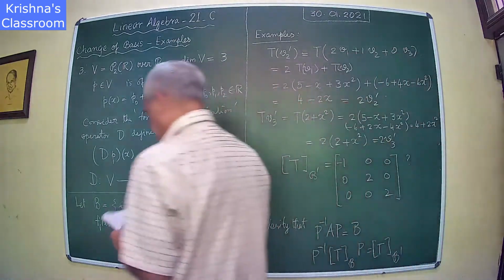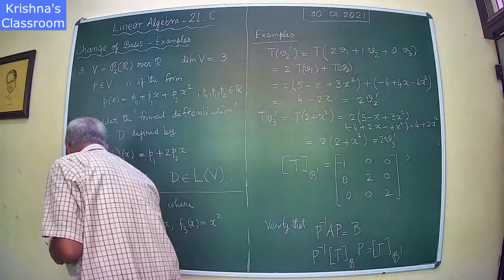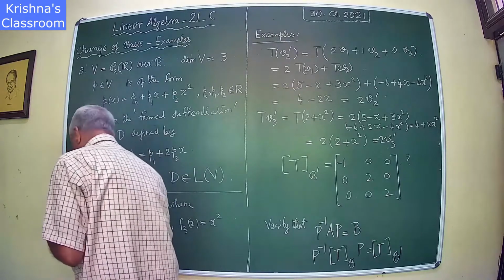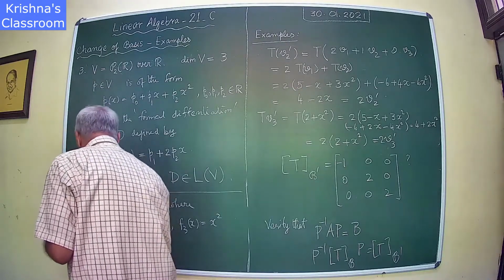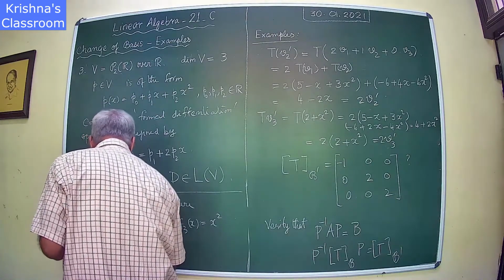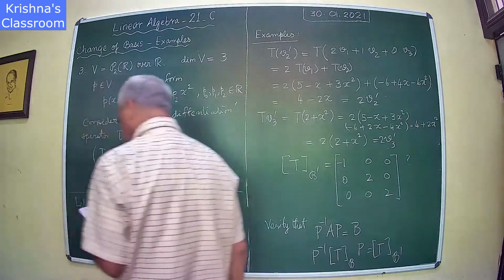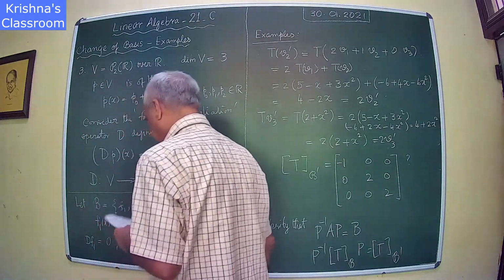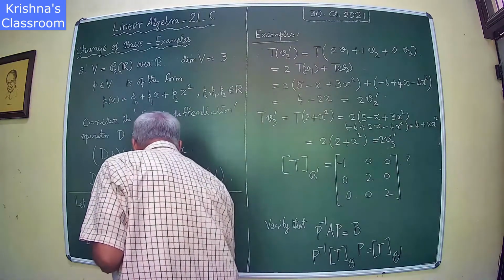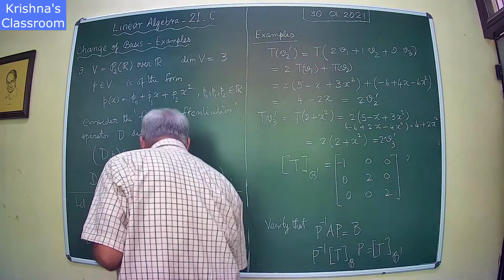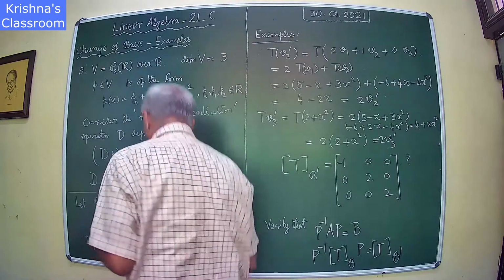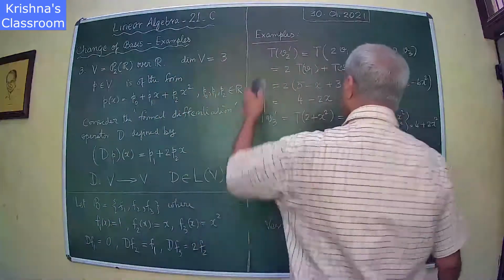Now we compute D. So D of f1 turns out to be simply 0. D of f2 equal to f1, D of f3 equal to twice f2. Now write down the matrix for this.